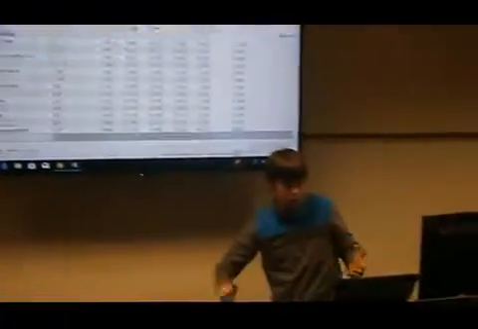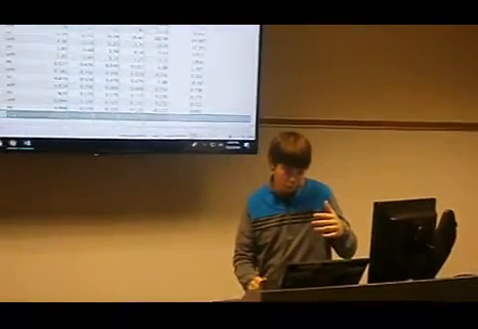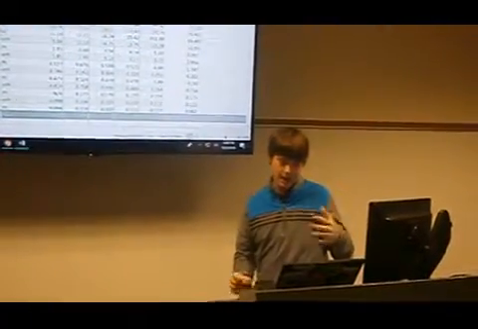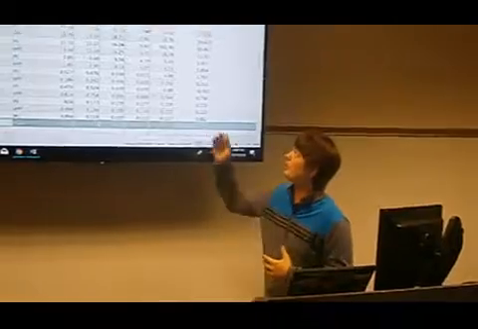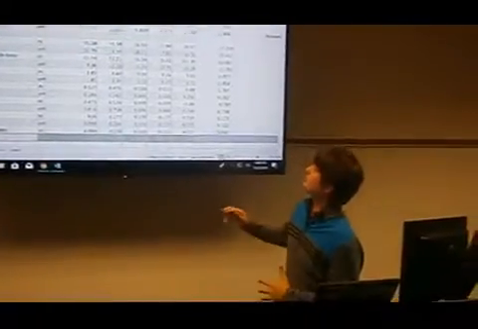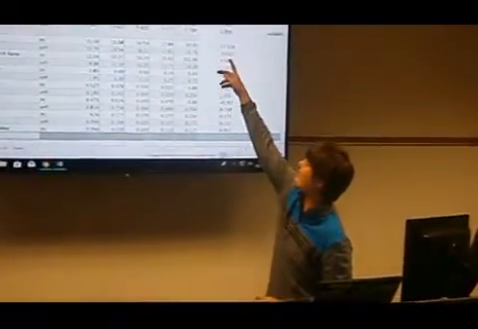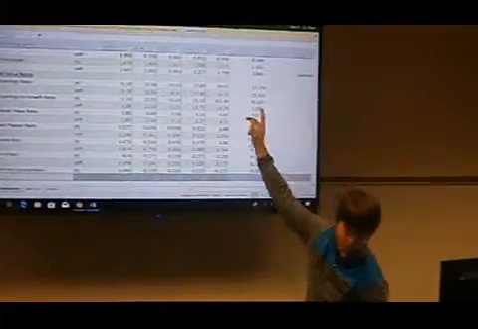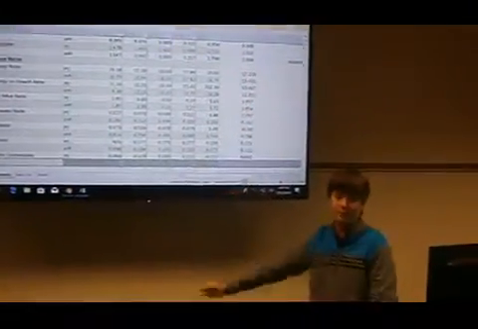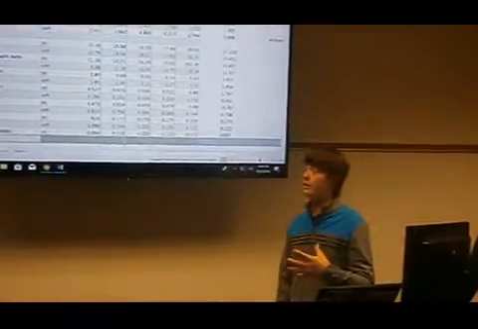Now, when we look at this ratio, what we can decipher is that basically on average for our 5-year period, investors for Johnson & Johnson are willing to pay $17.21 for every dollar that they will earn on their investment.